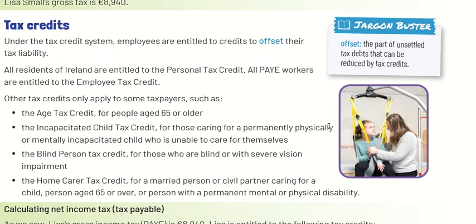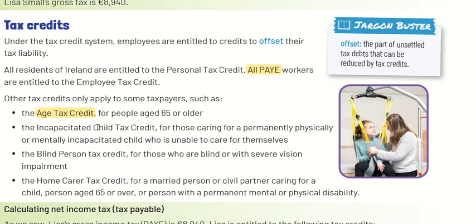So tax credits. Under the system, you can offset or reduce your tax liability only for PAYE now, not for USC or PRSI. So there's a difference. You'll get credits depending on your circumstances, based on your age and other circumstances.